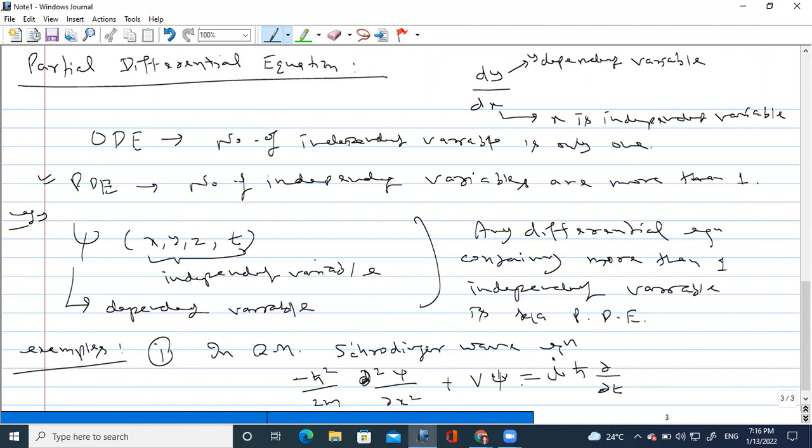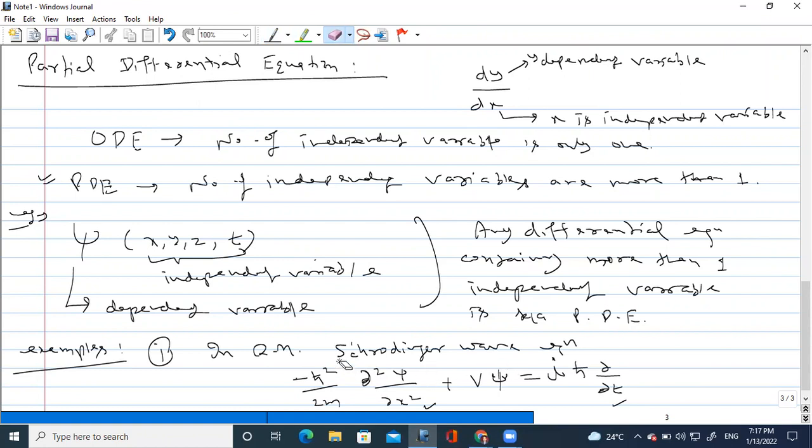Okay, so this equation contains x and t, if it is in 1D only, but x with time. Okay, if it is in 2D, then x and y will be there. If it is in 3D, then x, y, z all will be there. So Schrodinger wave equation has so many varieties or types. It depends on where you are using it.